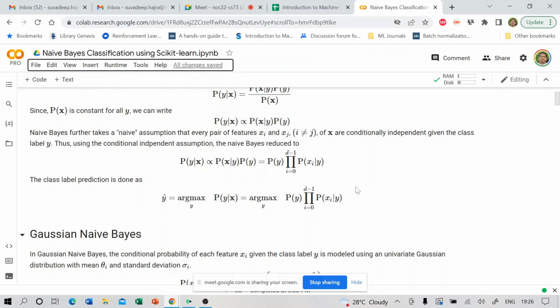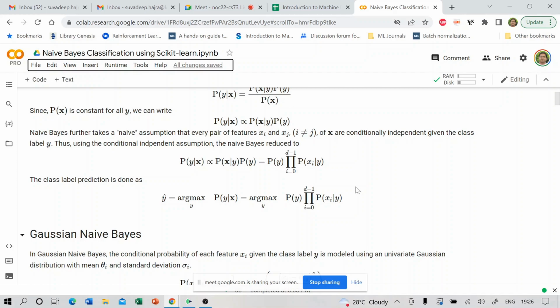Since there are 2 features and 2 classes, we need 2 into 2, 4 distributions. So for x1 one distribution will be required for class 1 and the other for class 2. Similarly for x2, one distribution will be required for class 1 and the other for class 2.